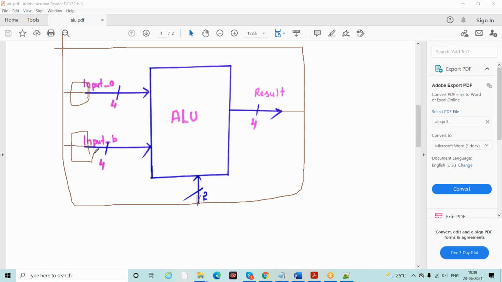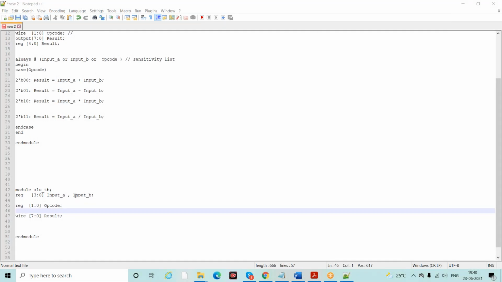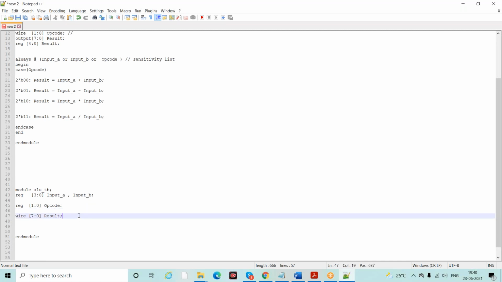For example, if you force the data 0 0 or 0 1, any data you force here, until the next value changes, it should store the data. Because of that, we declared it here. Here we need not store, it just drives the value. That is why input is register and output is wire.